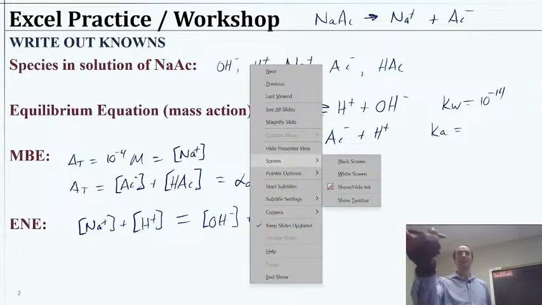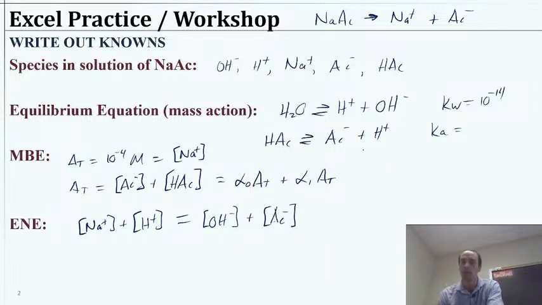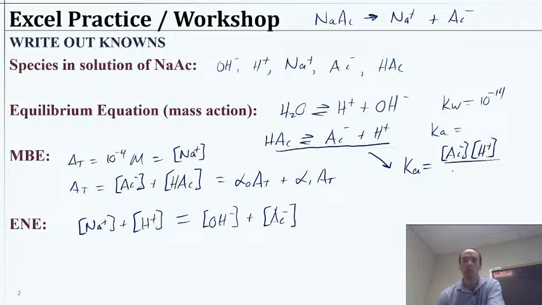It comes exactly from what he was mentioning, is the equilibrium equation, right? So that we can get from the equilibrium equation an alpha arrangement. Okay, so let me elaborate on that just a little bit here. From the equilibrium equation, which says Ka is equal to AC minus times H plus over HAC, we can manipulate that and get it in terms of an alpha fraction.